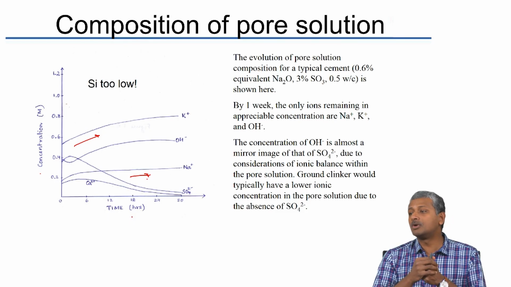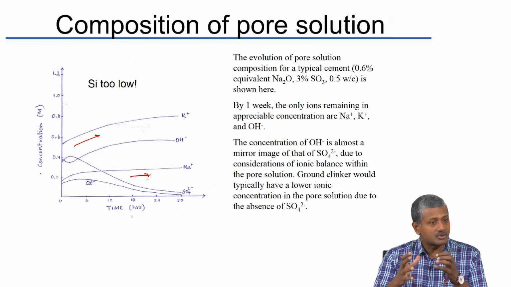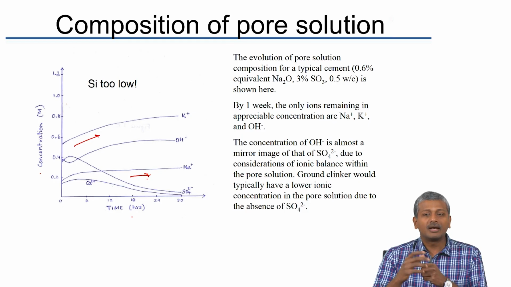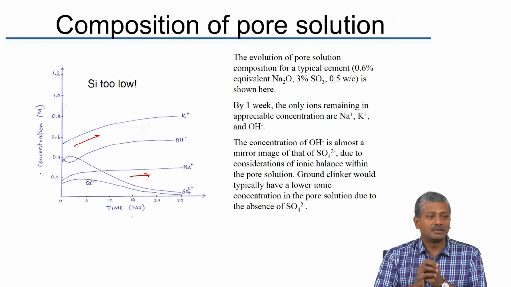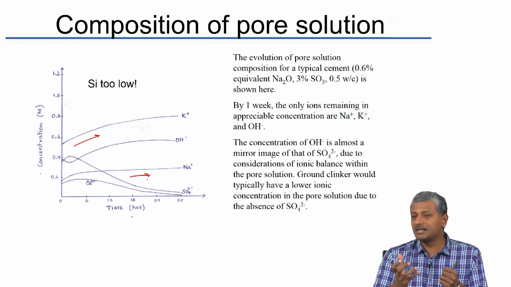Pressures of the order of 400 megapascals are applied to the concrete in an almost triaxial sort of a condition, and that level of pressure will probably get you about 1 to 2 milliliters of the pore solution. It's not an easy job to do.